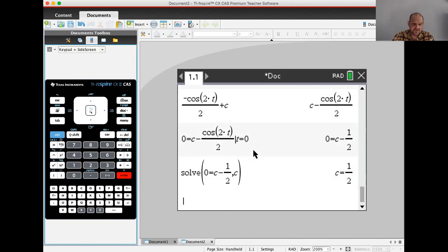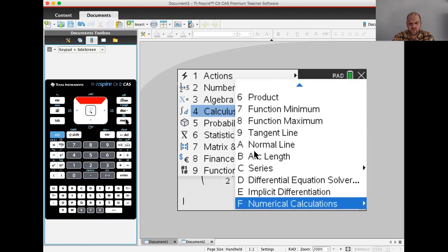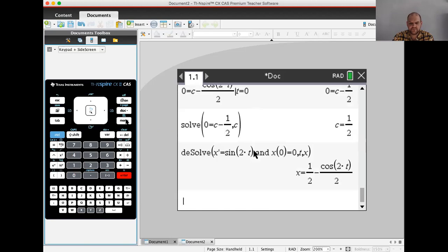I also could have used the differential equation solver, probably a better choice. Menu for differential equation solver. I'm going to do x prime equals sine of 2t. The independent variable is t. The dependent variable is x. The condition I know is x of 0 equals 0. And I think this is going to work. There you go. It kind of solves it for you.